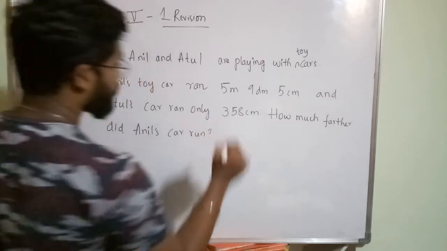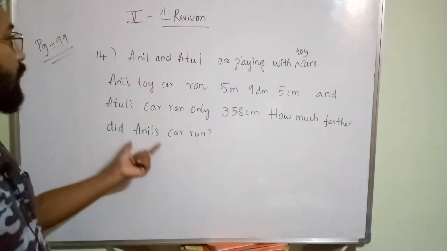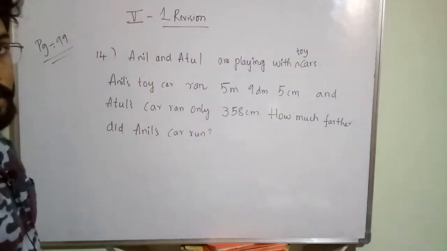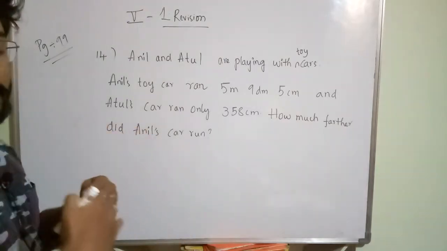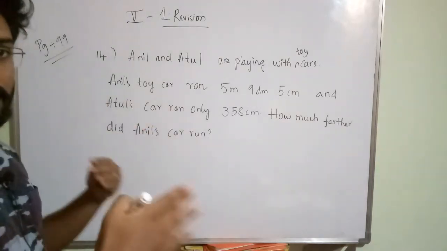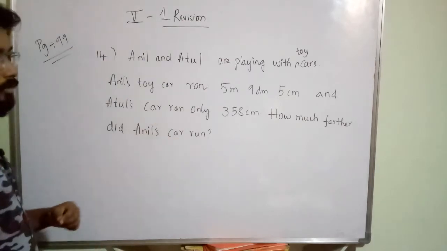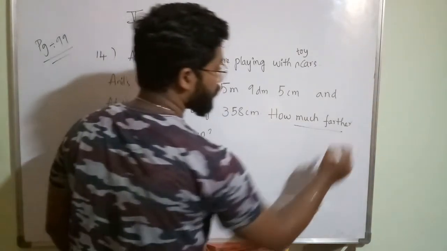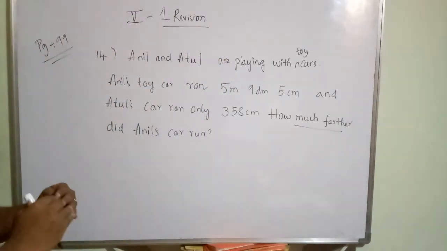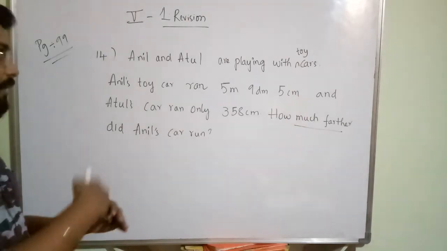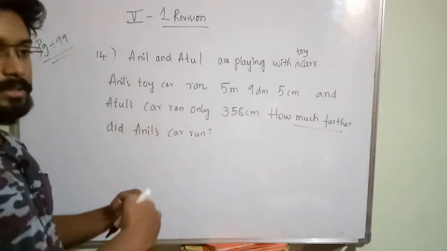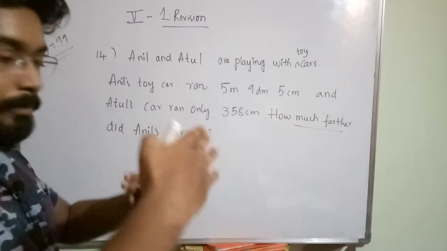He is asking how much further did Anil's car run. Means between Atul's car and Anil's car, what is the difference? That you should find. How much further means what is the difference between both of these cars.